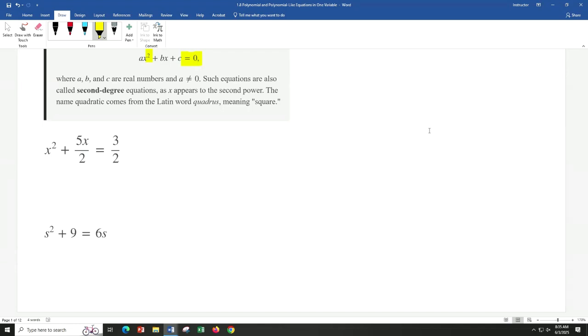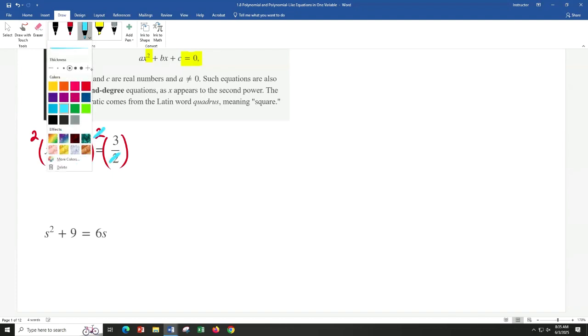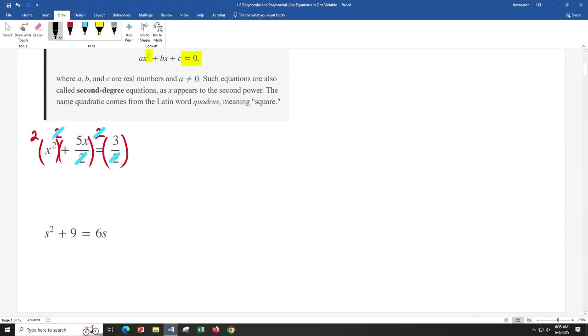So around every single term, I'm going to multiply by 2. Here that will divide out to a 1, and then I'm going to rewrite very carefully. And so I have 2x squared plus 5x is all equal to 3.